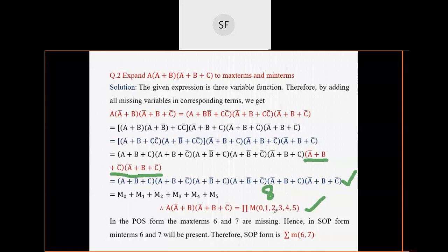That means those 2 will be your min terms. Whatever terms are missing in the max terms will be your min terms, and whatever is missing in the min terms will be your max terms. So here you can observe that in the POS form the max terms 6 and 7 are missing. Hence in SOP form, min terms 6 and 7 will be present. Therefore the SOP form will be like this.